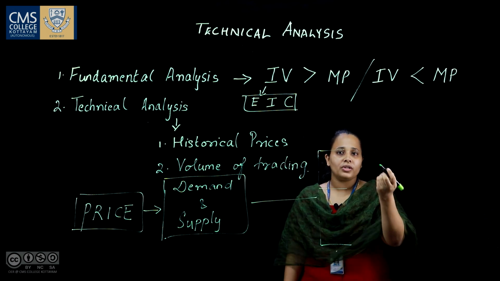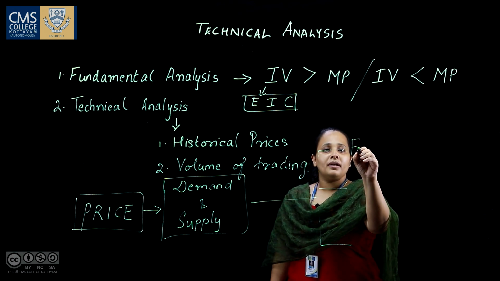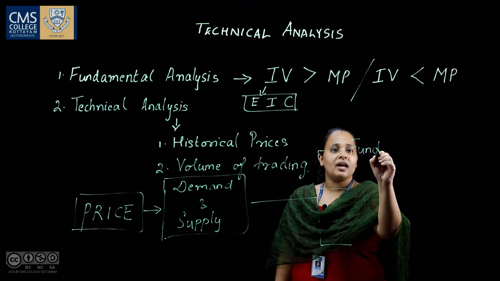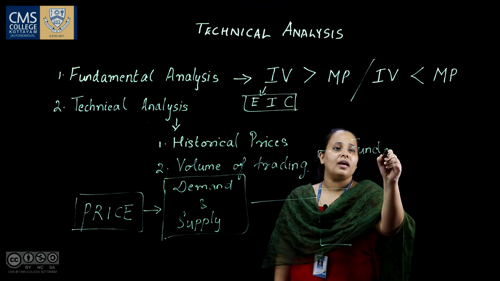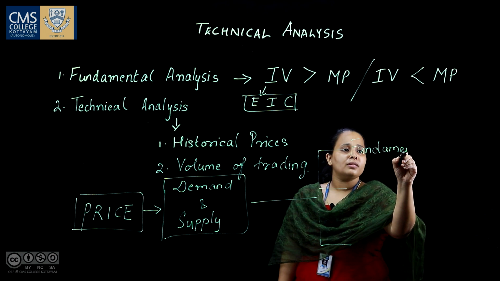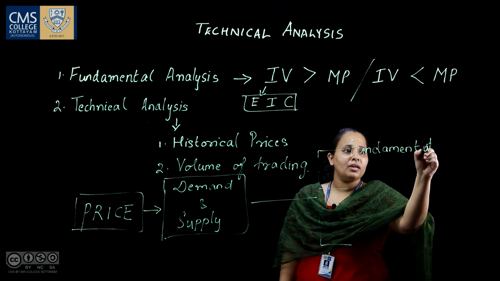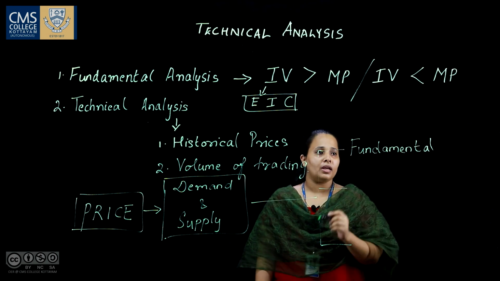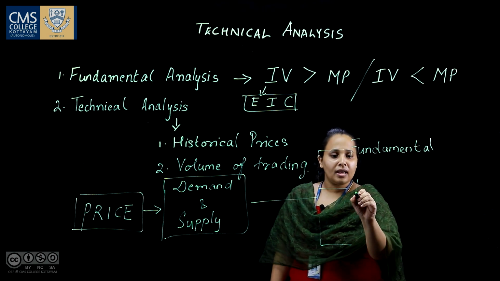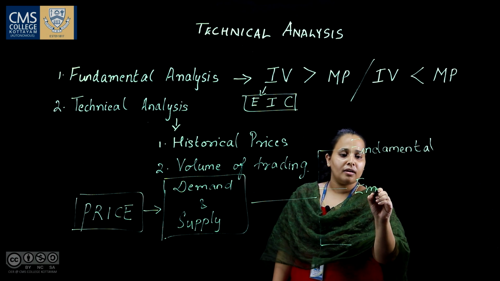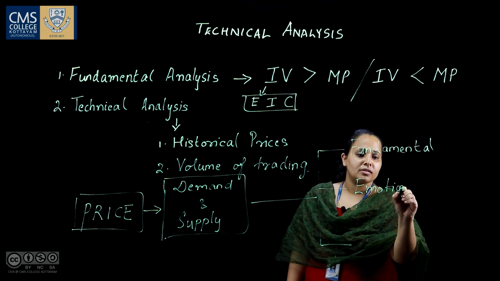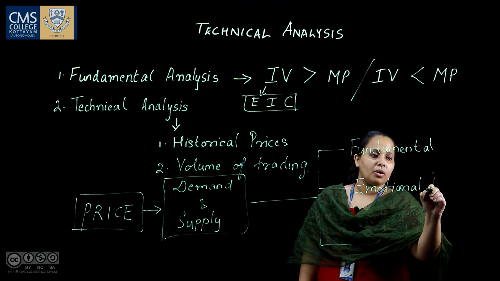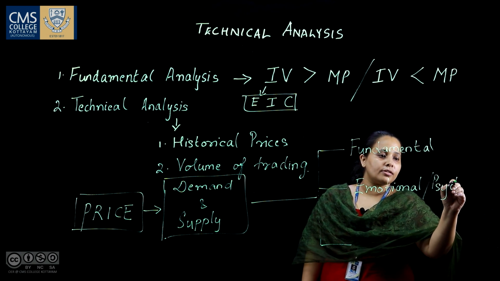Some of them are, the first one is fundamental factors, the factors that we just covered under fundamental analysis. Those are factors pertaining to the economy, industry to which that security belongs, and also the company itself. And then the second set of factors are the emotional, or you can also term it as psychological, factors.